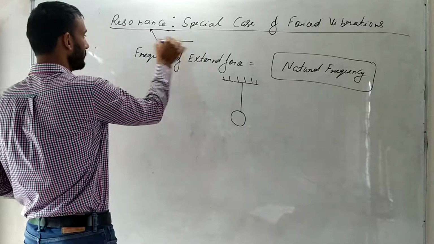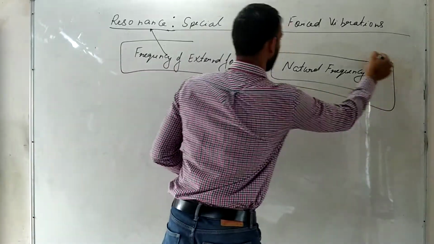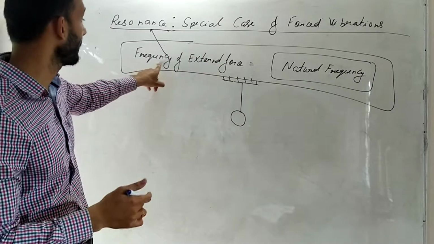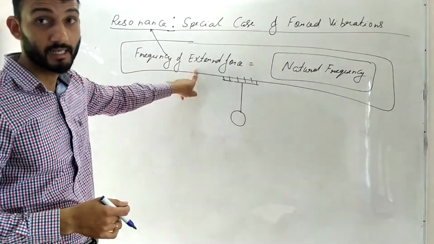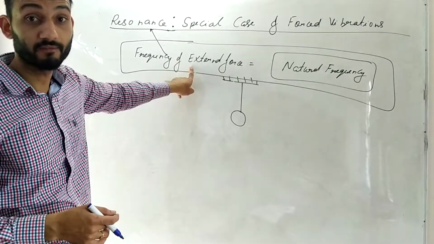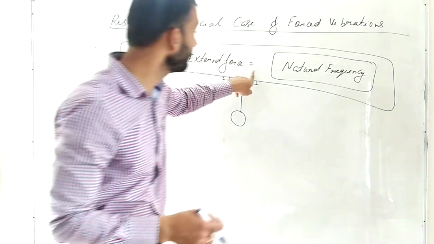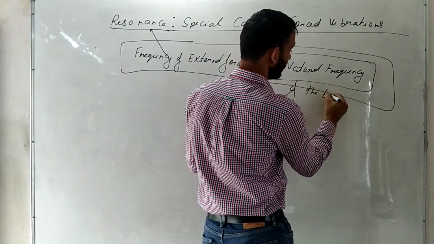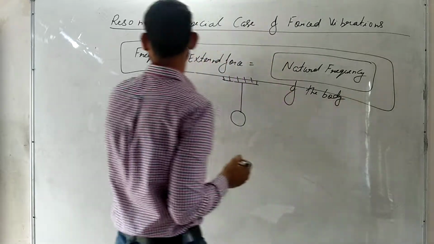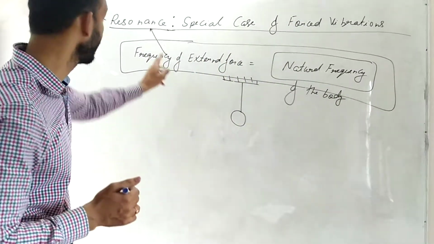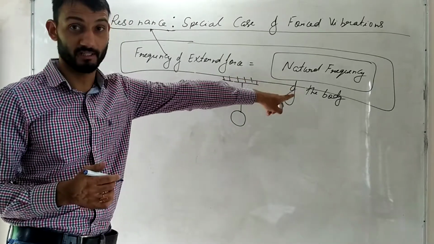This phenomenon is known as resonance. Resonance is a special case of forced vibrations, because now we started applying external force on a body, and if the frequency of the external force equals the natural frequency of the body, this phenomenon is known as resonance. This is a very important condition for resonance.